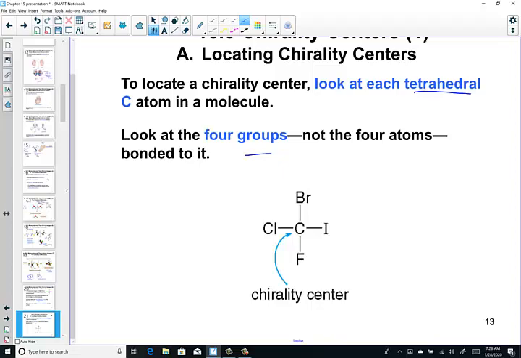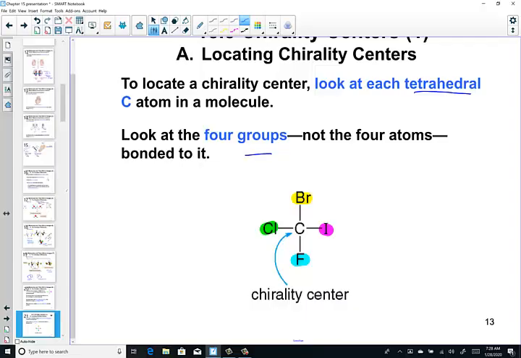Now here's an example, and I can clearly see that the carbon in the center is attached to an iodine, which is different than a fluorine, which is different than a chlorine, which is different than a bromine. This meets the criteria of being a chiral center, 4 unique attachments.